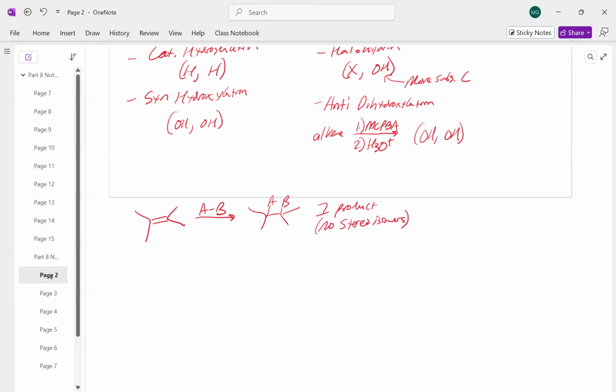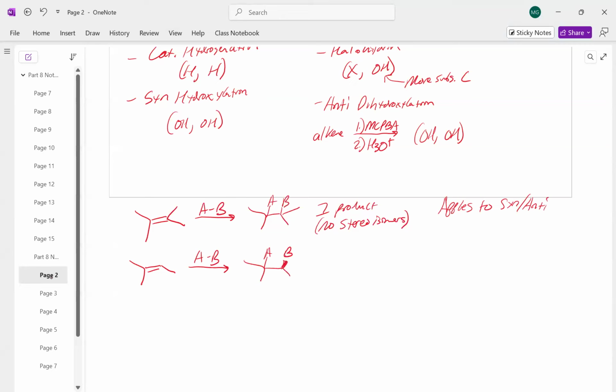Now let's talk about when we make one chiral center. Again, I want to let you know that this applies to both syn and anti, for the first example and the second as well. So A goes to one carbon, B goes to the other.